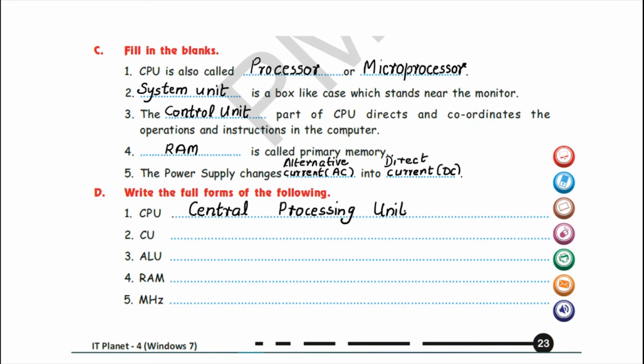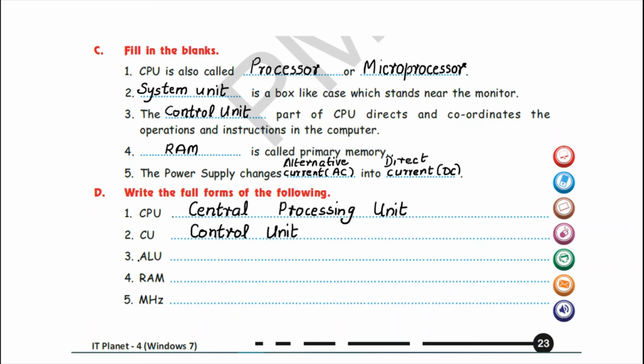CPU stands for Central Processing Unit. Number 2, CU. CU is Control Unit. So write Control Unit.